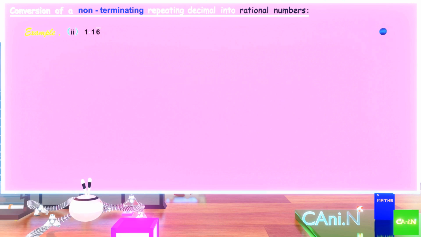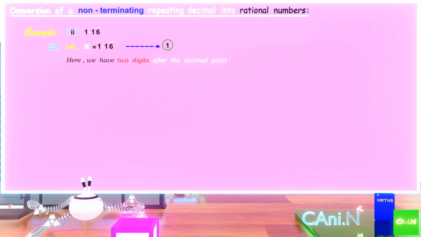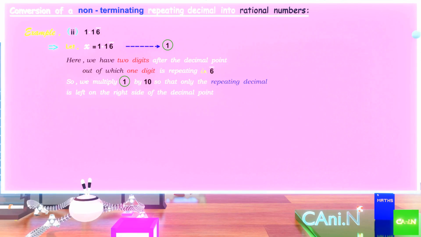1.16 bar. Let x equals 1.16 bar. Here, we have 2 digits after the decimal point, out of which 1 digit is repeating, that is 6 bar. So, we multiply equation 1 by 10, so that only the repeating decimal is left on the right side of the decimal point.